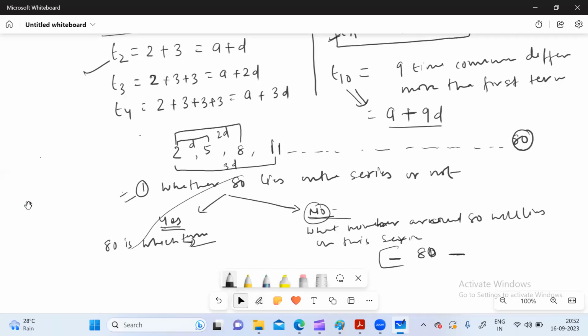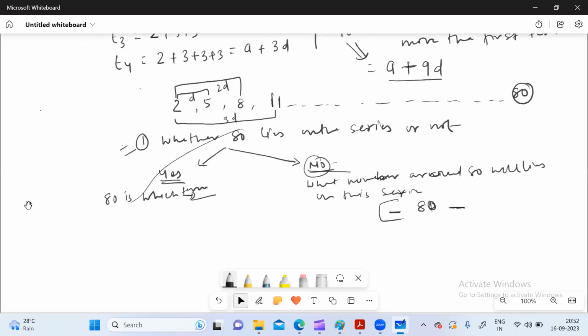So in order to check whether 80 lies on this series or not, we need to check how far apart 80 is from the first term. We can see that 80 is 78 away from the first term.